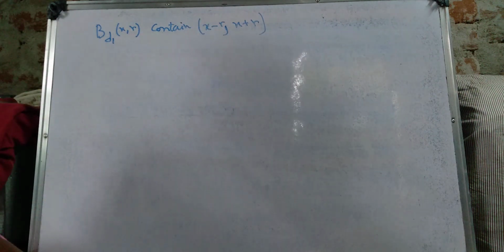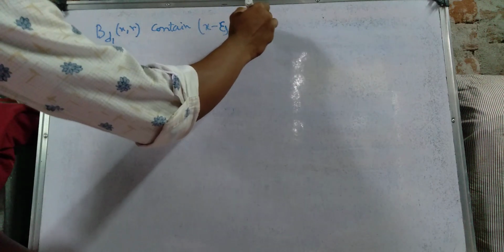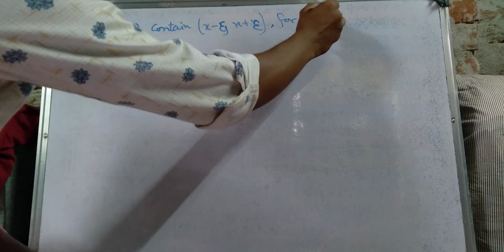We discuss these things. Phi of A, phi of B equals phi of A minus phi of B, and similarly, sufficiently the open ball B_d1(x, r) contains (x minus r, x plus r), or contains (x minus epsilon, x plus epsilon) for epsilon greater than 0.